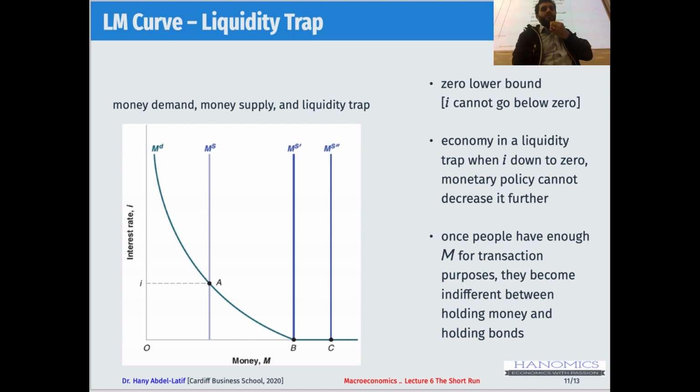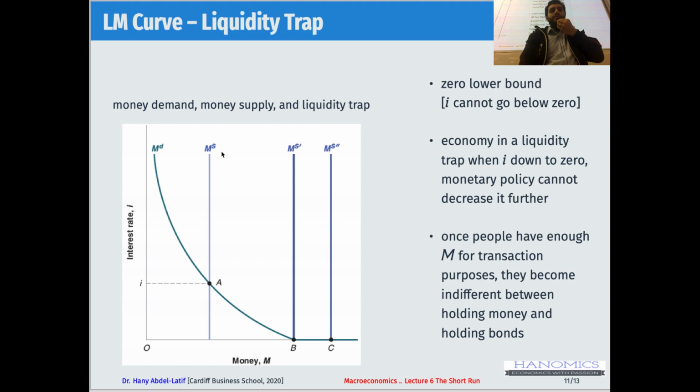Remember, this is the equilibrium in the money market, which is the intersection between the money supply, which is a vertical line, and money demand. We have the money stock on the horizontal axis and the interest rate on the vertical axis. Because the money supply is decided by the central bank, we plot it as a vertical line.